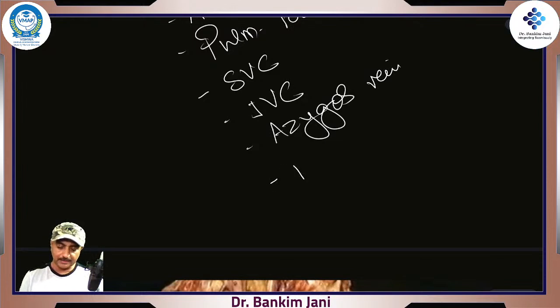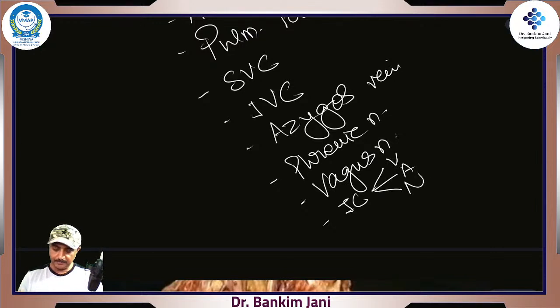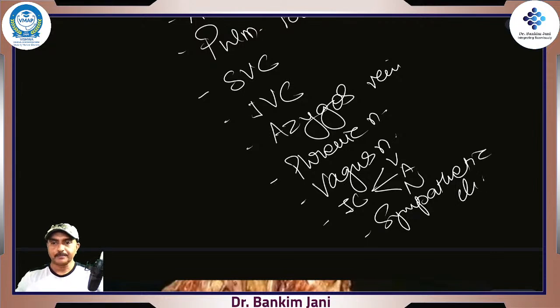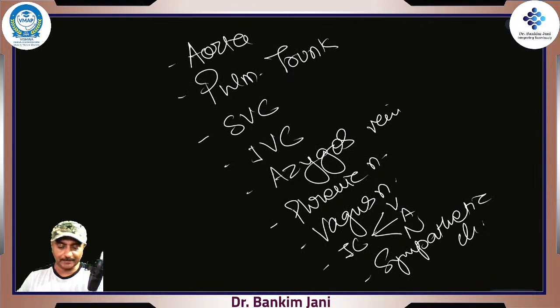Then we'll see the phrenic nerve, we'll see the vagus nerve, right? And we'll see intercostal vein, artery, nerve, and the sympathetic chain, right? Sympathetic chain. So much. This is what we'll see.